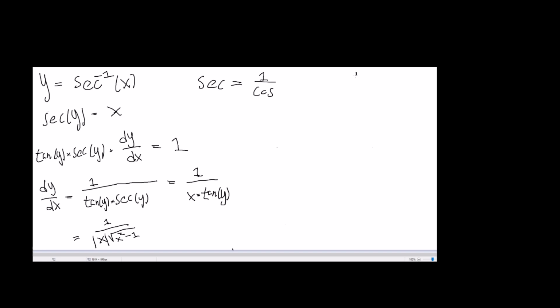So let's draw the unit circle, and the inverse of cosine, or the inverse of secant, is defined between the minimum and maximum angle for cosine, and that's just the upper half of the unit circle.